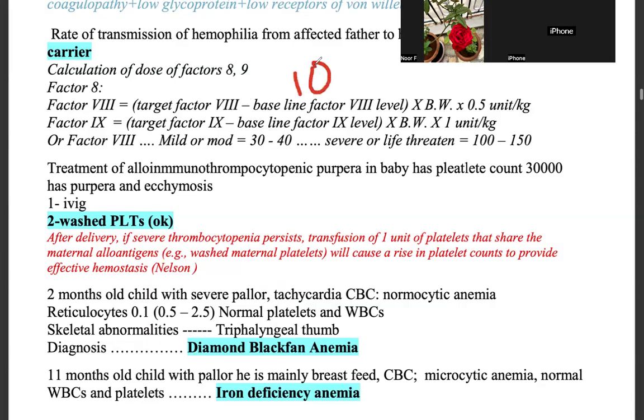You want to raise the body factor to 100, so your target is 100. But there is already 10% in your body, so you subtract whatever your body has: 100 minus 10, which is 90. This is what he's telling.